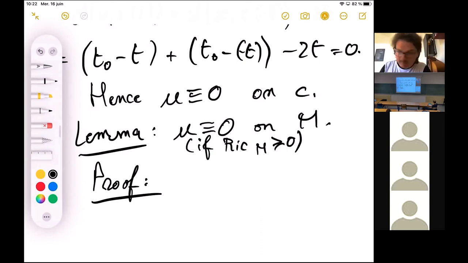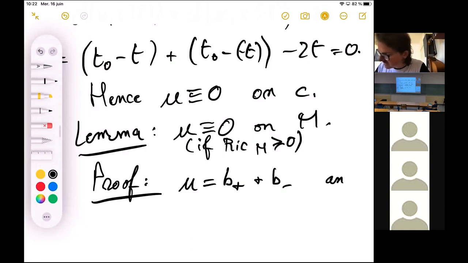Well, now we need to use Ricci curvature. So recall that u is equal to b plus plus b minus, and so the Laplacian of b plus, oh, I have to be careful with my pluses and my t.